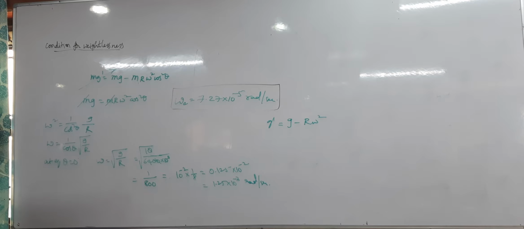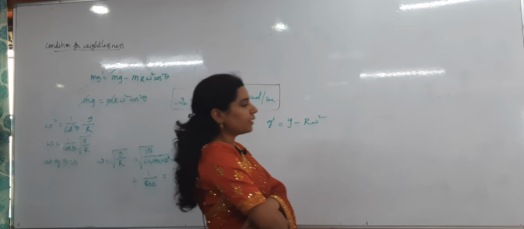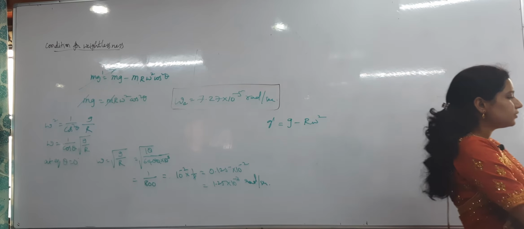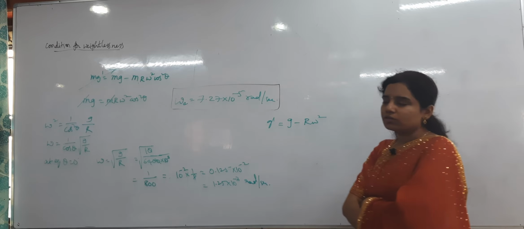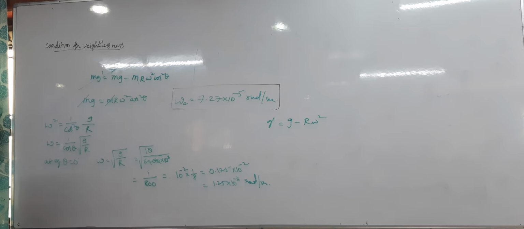In the next line, the time period of the earth for one rotation at the condition of weightlessness, T is equal to 1.4 hours.